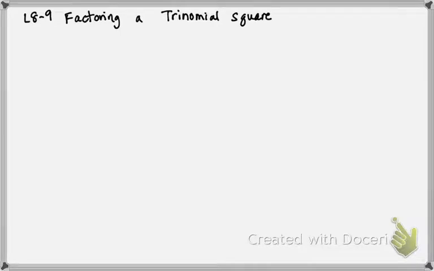We're going to talk about lesson 8-9. And that's going to be factoring a trinomial square, or a perfect square trinomial. I think I say trinomial square because it's fewer words compared to perfect square trinomial.